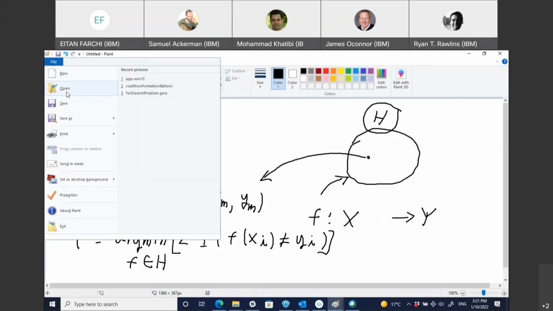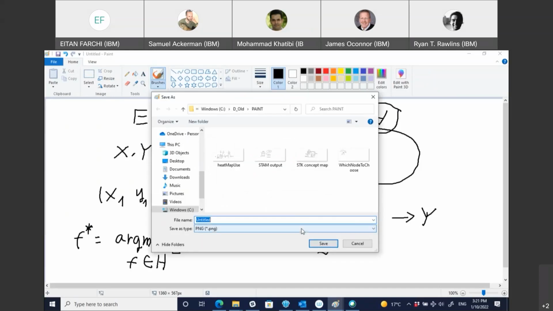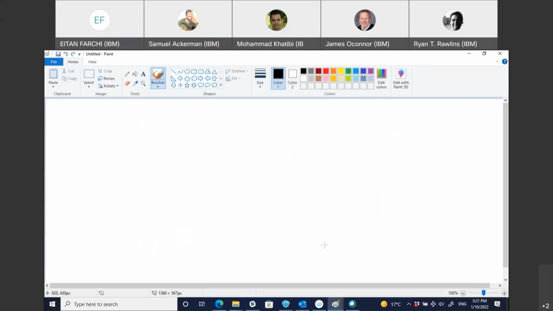So let me open a new one for this ERM. What I'm going to give you now is an example of how an adversary can pick a distribution function so that ERM is going to be completely fooled.